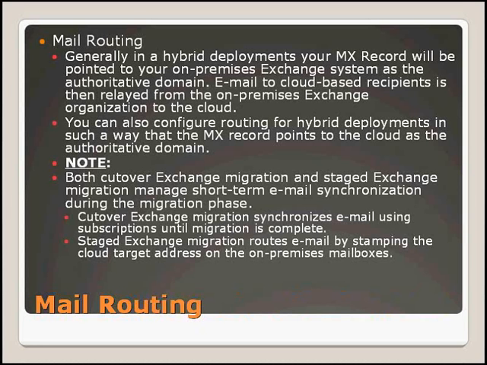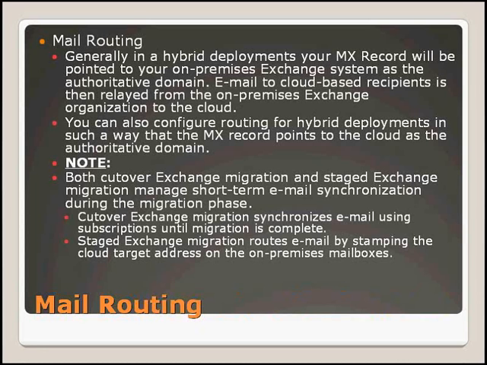And when you're doing a staged migration, whatever email you get on your on-premises mailbox, before starting the migration, there is a target address set on the on-premises mailbox. So whenever an email comes to your on-premises, it looks at that and says, oh, target address, oh, cloud, let's go to cloud. Which means even when the migration is going on, it stamps the cloud target address on your on-premises mailbox, to be exact.